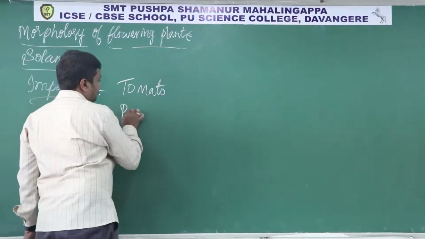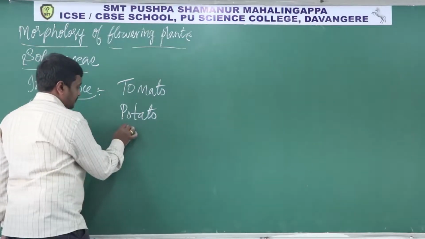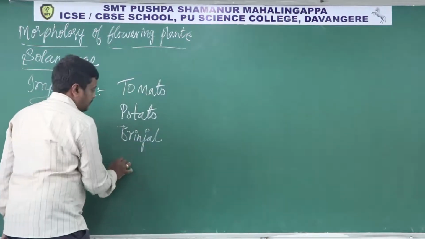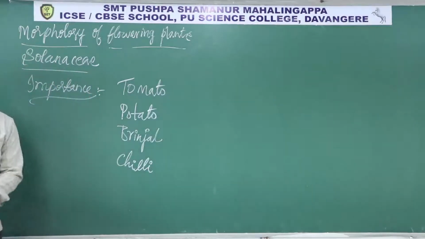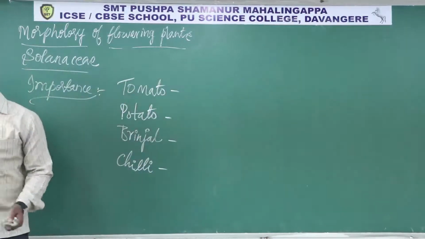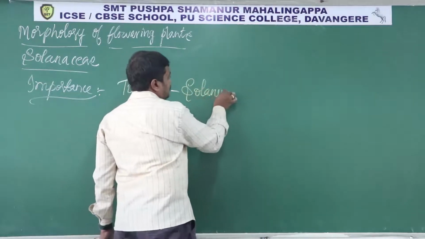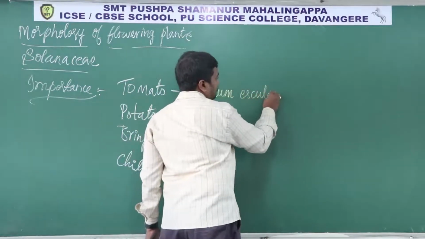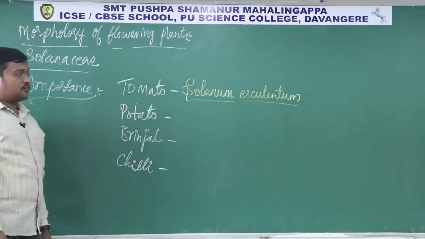Tomato, potato, then brinjal, then chili. So these belong to the family Solanaceae. Let me write the scientific names of these plants. So tomato is Solanum esculentum. Solanum esculentum is tomato.